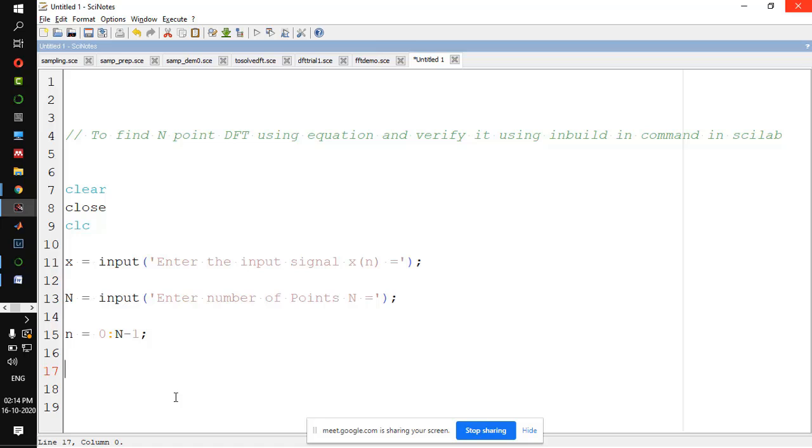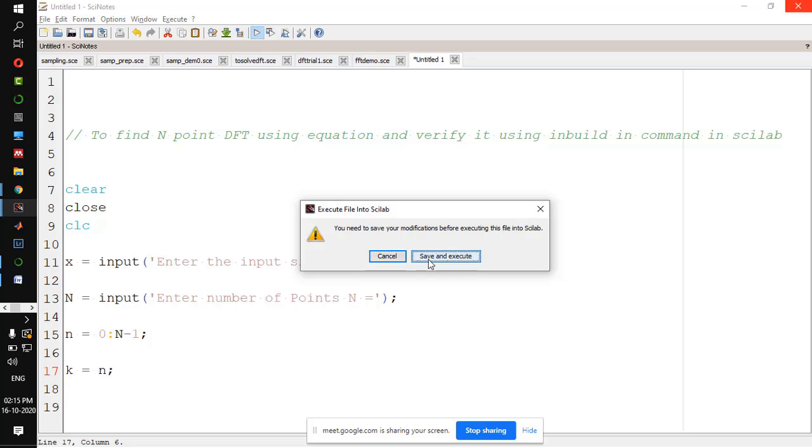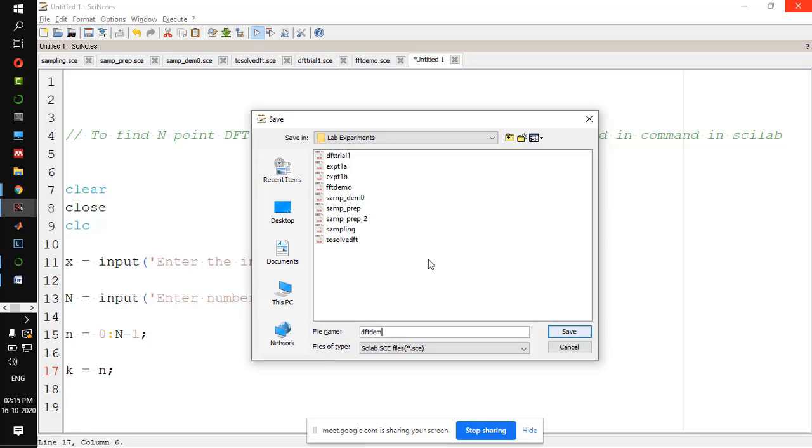What about k? k is also varying from 0 to N minus 1, so I'll write k is equal to n. Is this fine? Okay, we'll run it. Let me save it as DFT demo session.